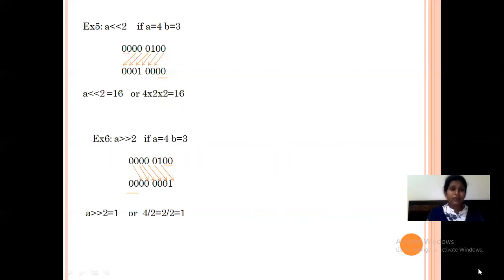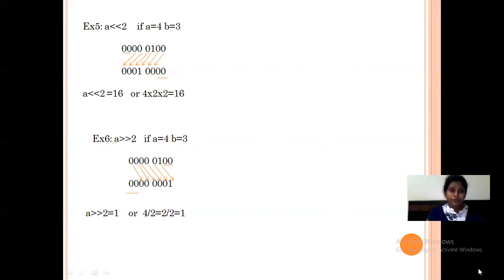Then the final value of these bits after doing the left shift is 16, or else you can directly multiply the value of 4 with 2 for 2 times, because you are doing left shift 2 times, then the resultant value will be 16. Both are true.